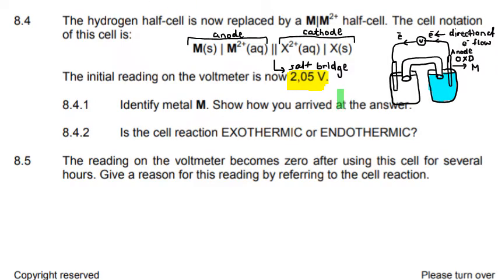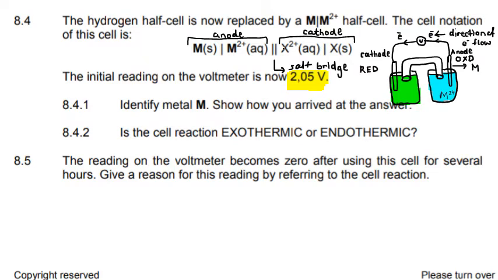And on the other side we'll have some green solution. All that we are really saying is that this solution in here is going to contain M2 plus ions, and the one on the other side is going to have to be our cathode. And what happens at the cathode? Reduction.